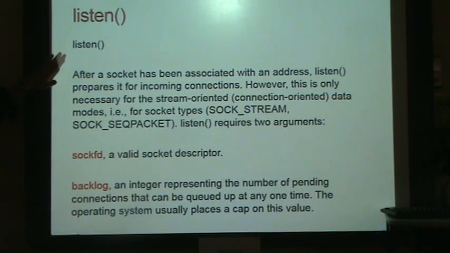So again, when you say listen, and you have a bound socket with a port number, you're basically alerting the system that if any messages come in on this port number, it belongs to this socket.